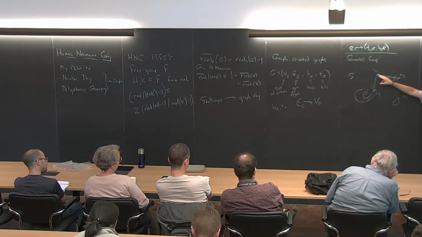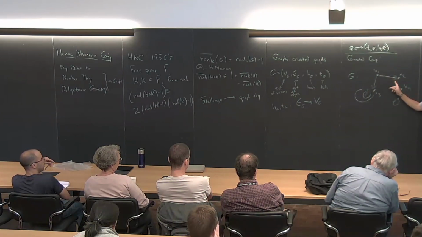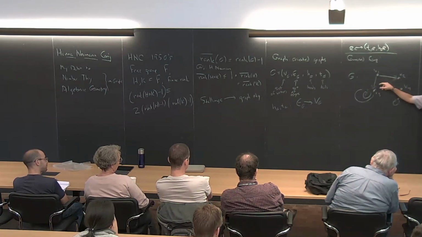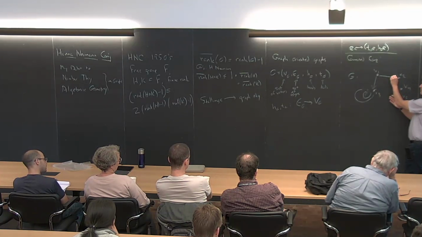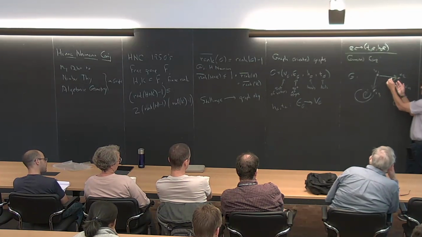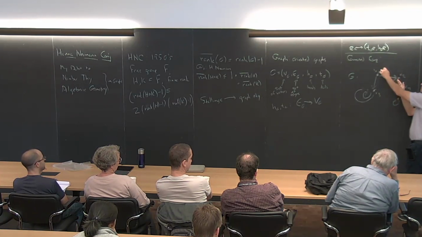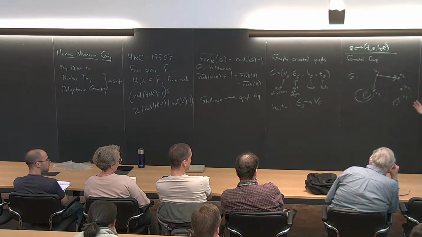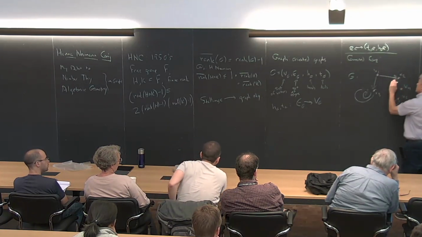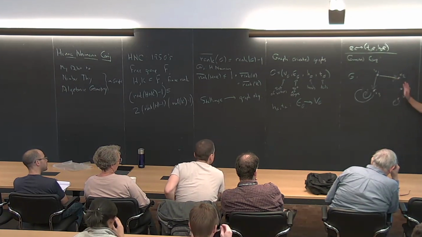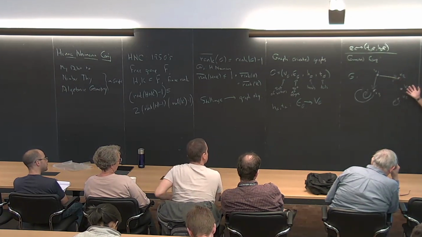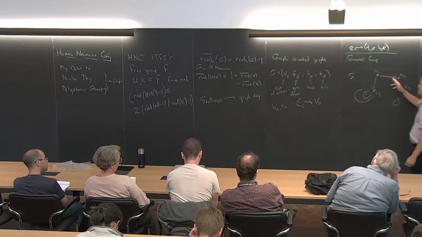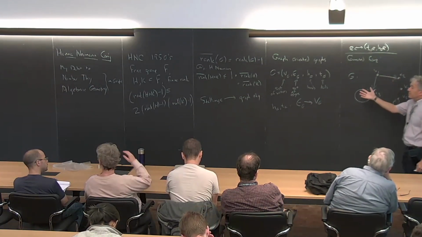So V1 is connected to V3, V1 is connected to V2, and from V2 you can walk to V1 and V3. If this were a directed graph and we just had an arrow like this, we couldn't walk backwards. But because we're just viewing this as a graph, most of our definitions will not care about the orientation, and in fact we can walk back and forth. It's just a convenience, really.